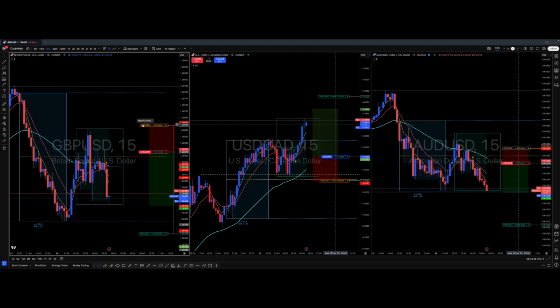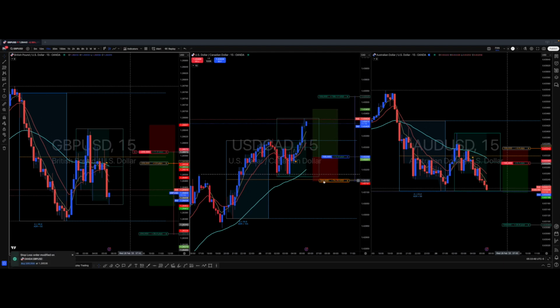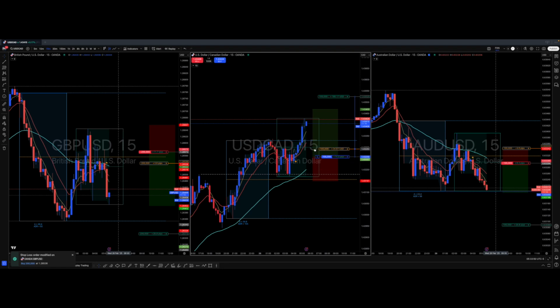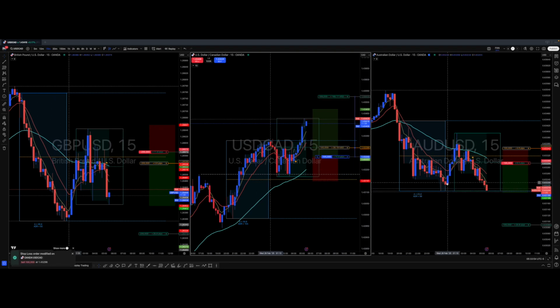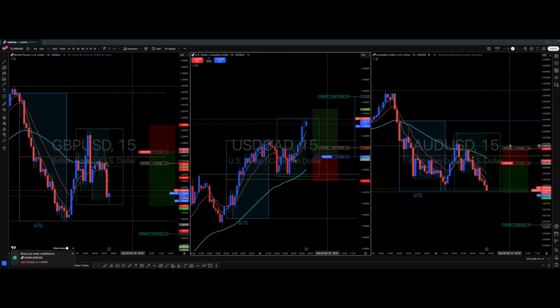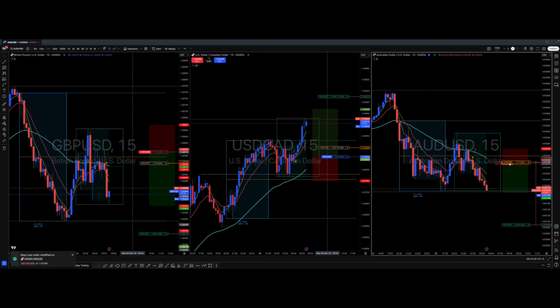I did that pretty much to all 3 of them. So now we're basically risk-free on all 3, no matter what. Now I'm going to go ahead and use the 5 EMA on these pairs, so we could try to maximize as much out of it as possible.